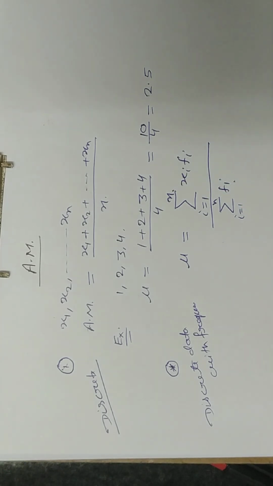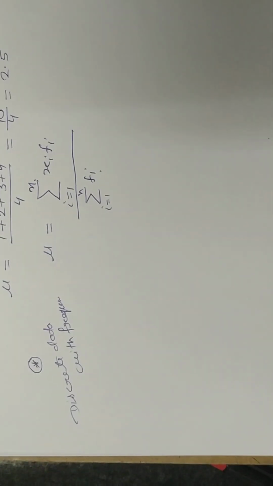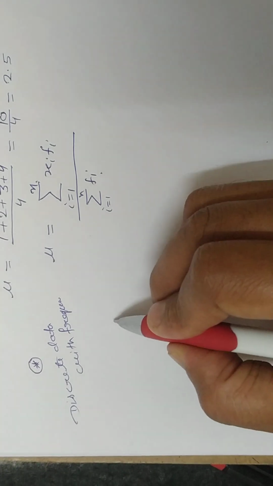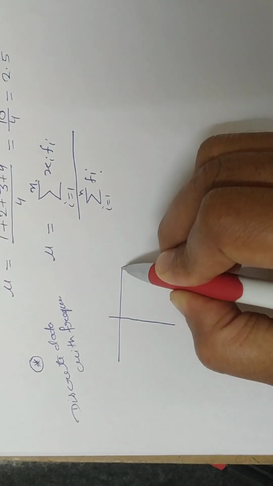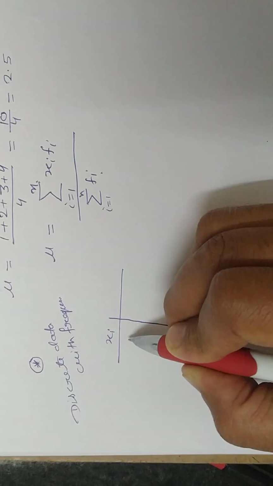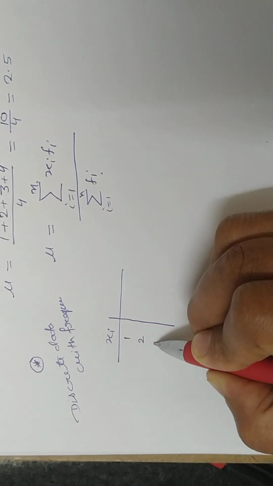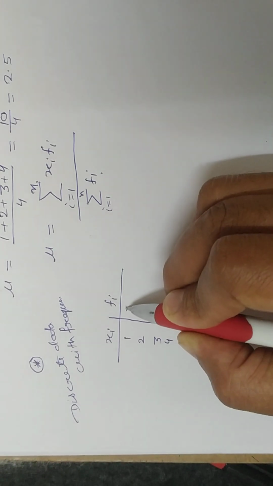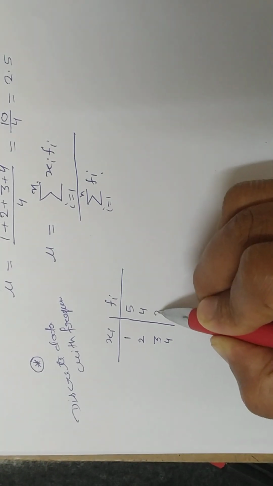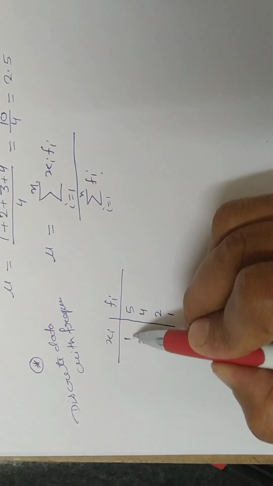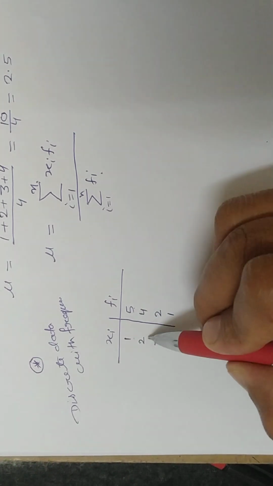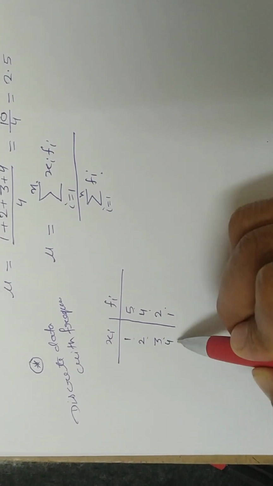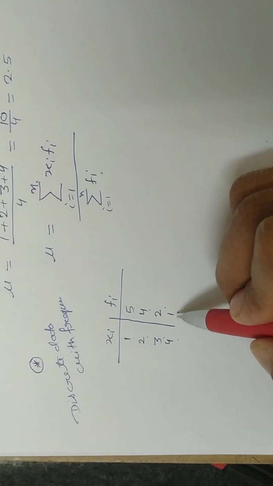Let us take an example for this. Suppose we have xi like 1, 2, 3 and 4, and the frequency of 1, 2, 3, 4 is 5, 4, 2, 1. Frequency means 1 is present 5 times, 2 is present in this data 4 times, 3 is present 2 times, and 4 is present 1 time.